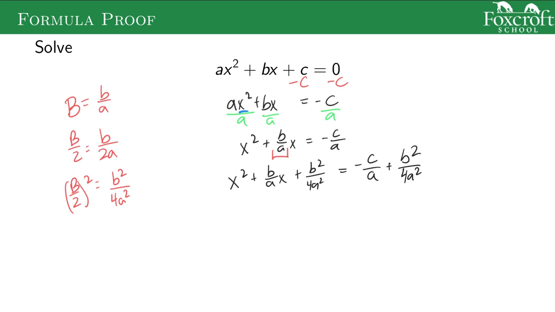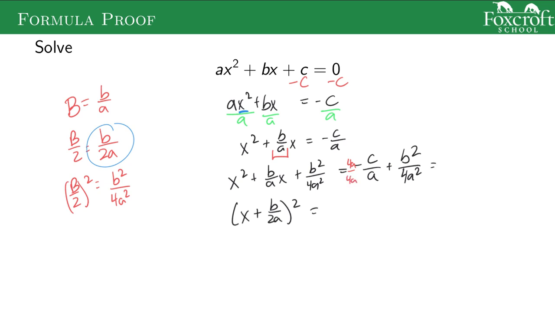If you remember completing the square, this left-hand side is now going to factor into x plus b over 2a, all squared, equals the right-hand side. On the right-hand side, there are two different fractions, so let's combine them. We have to get a common denominator, so we multiply the left-hand fraction by 4a on the top and bottom.